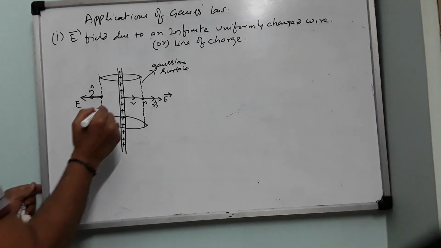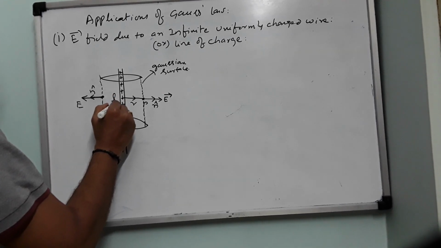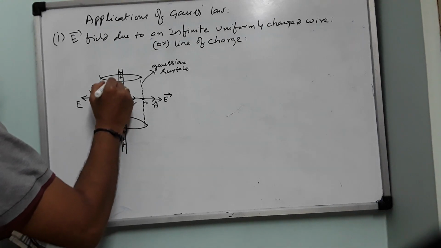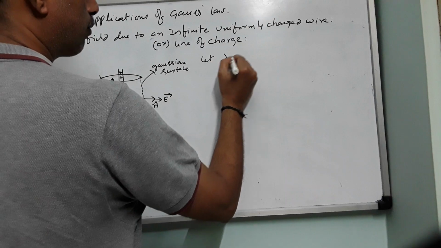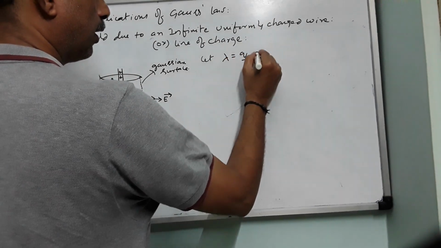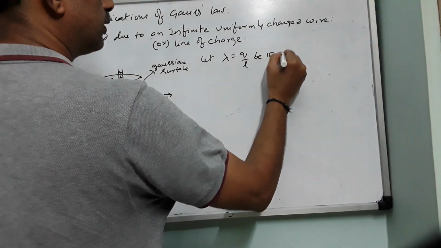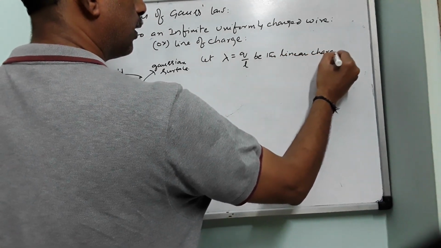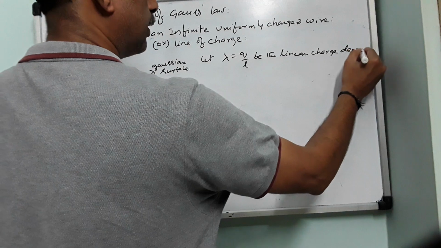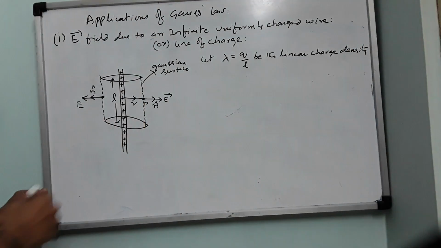So now let us imagine L is the length of this Gaussian surface, so that let lambda equals Q by L be the linear charge density of this wire.